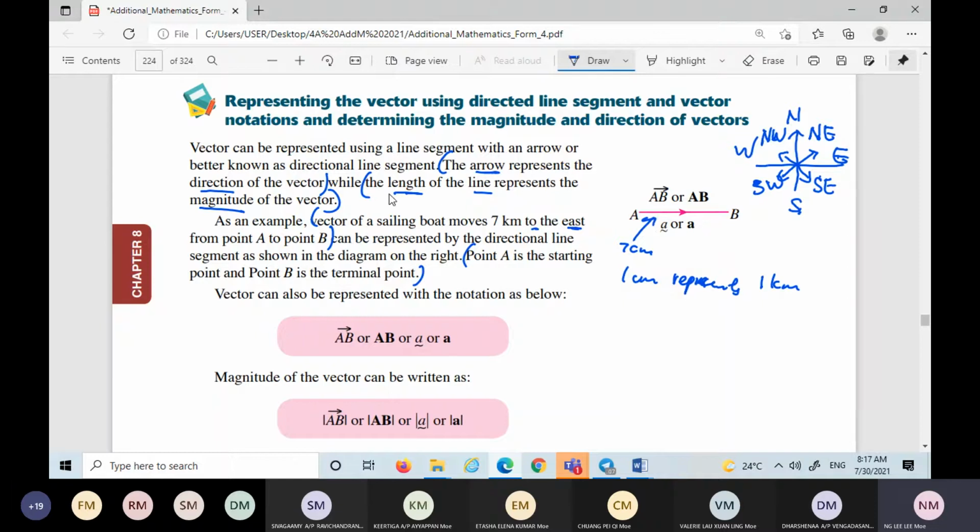So this is the meaning of the length of the line representing the magnitude of the vector, and the arrow representing the direction of the vector. These two are very important.